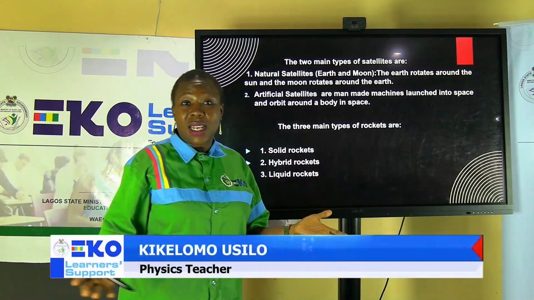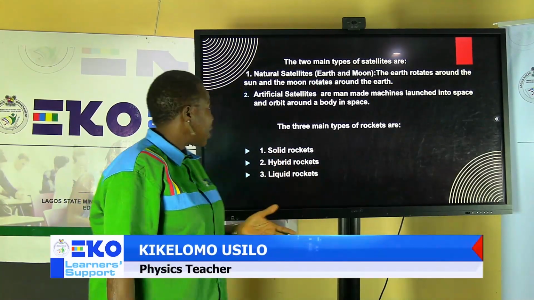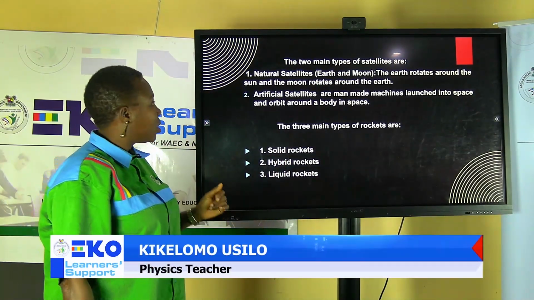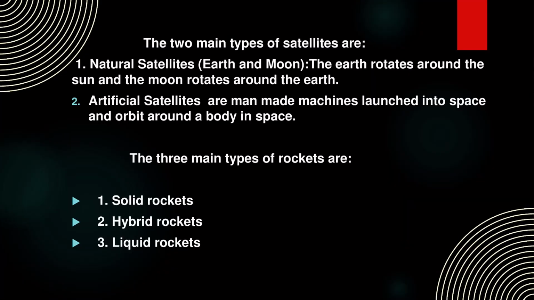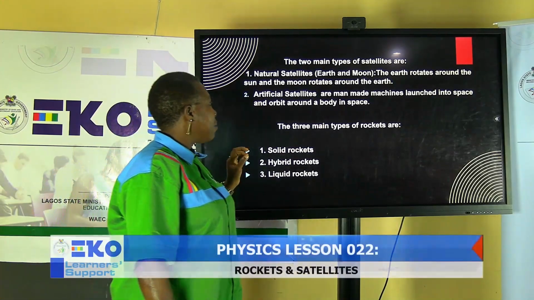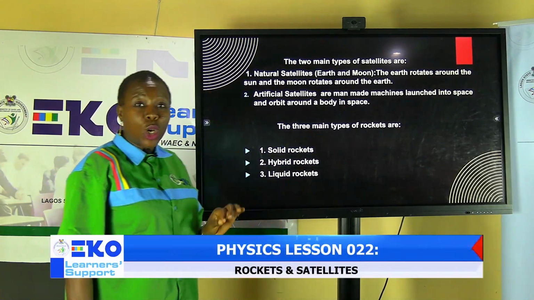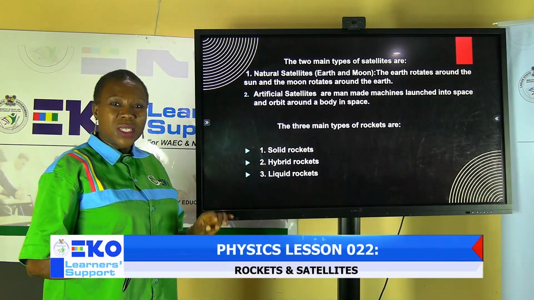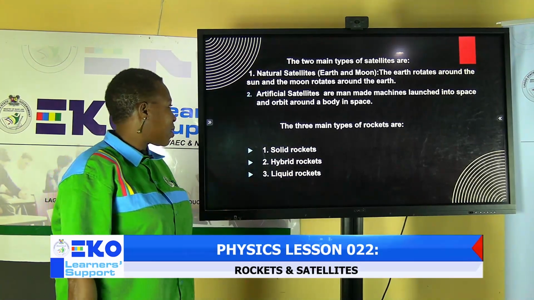The natural satellite, like I explained earlier, examples are the Earth and the Moon. The Earth rotates around the Sun and the Moon rotates around the Earth. Artificial satellites are man-made machines launched into space and orbit around a body in space.